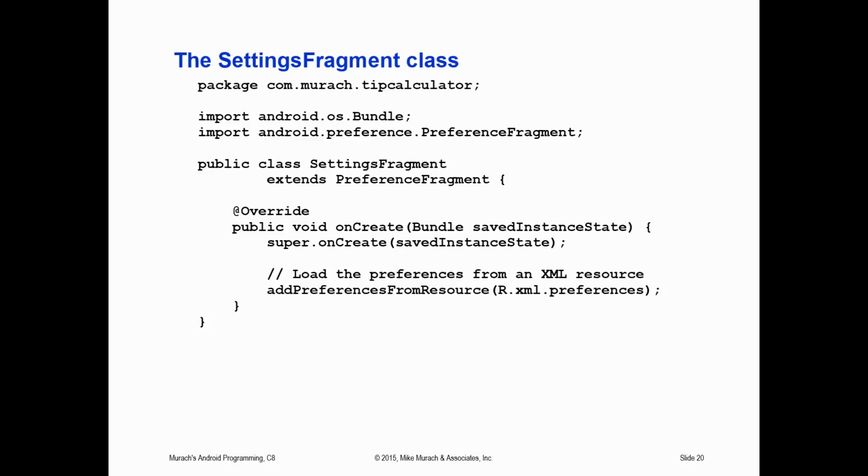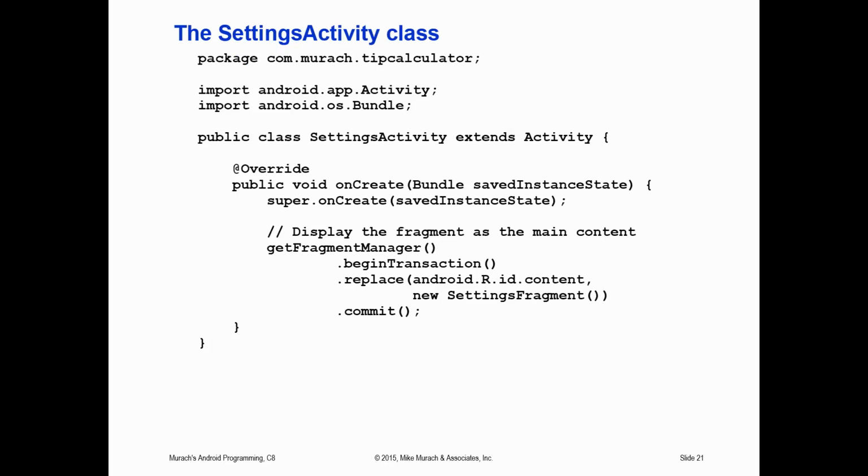So the first example that you see right here shows a fragment named settings fragment, and that inherits the preference fragment class. Then the second example shows how to code a fragment for an activity. I'm not going to go into this. Again, I'm trying to cover this stuff more or less for completeness, but as always, there's way too much stuff to cover and give it the length and breadth of coverage that it deserves.